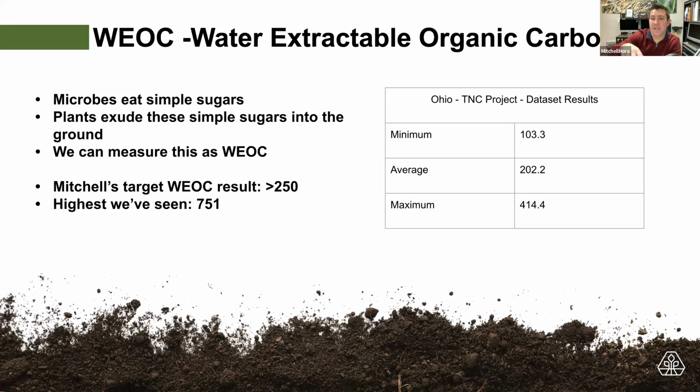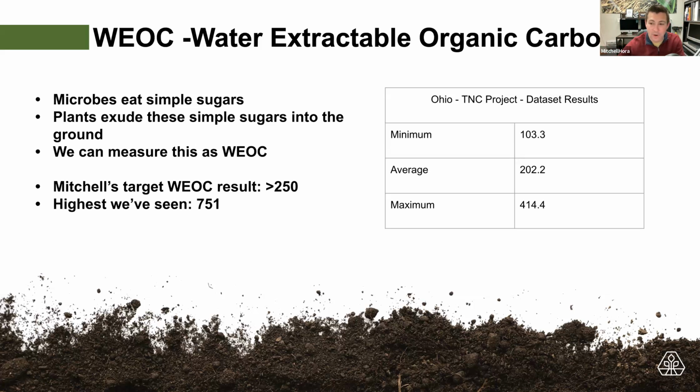Plants pump these compounds into the soil, those root exudates, pumping simple sugars down into the soil. To simplify it, we're measuring that as WEOC, water extractable organic carbon. So the more we improve this number, the more food we're pumping down into the soil, the more microbes we can feed, the more function we can get out of the system.